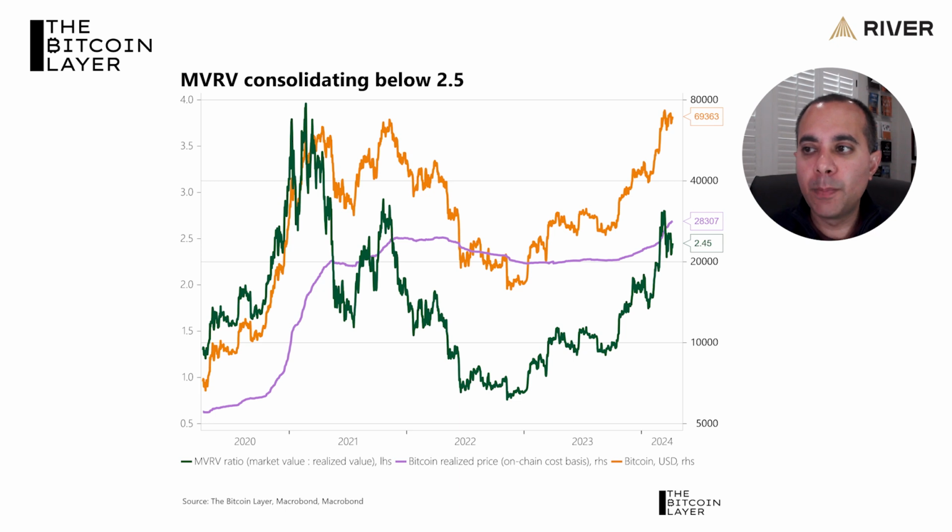As we see, Bitcoin's price, the orange line, dipped below the purple line at the end of 2022, when Bitcoin was trading below 20,000. That was, as they say, a generational buying opportunity, because you very rarely get the opportunity to buy Bitcoin market price below what the aggregate cost basis is of the network.